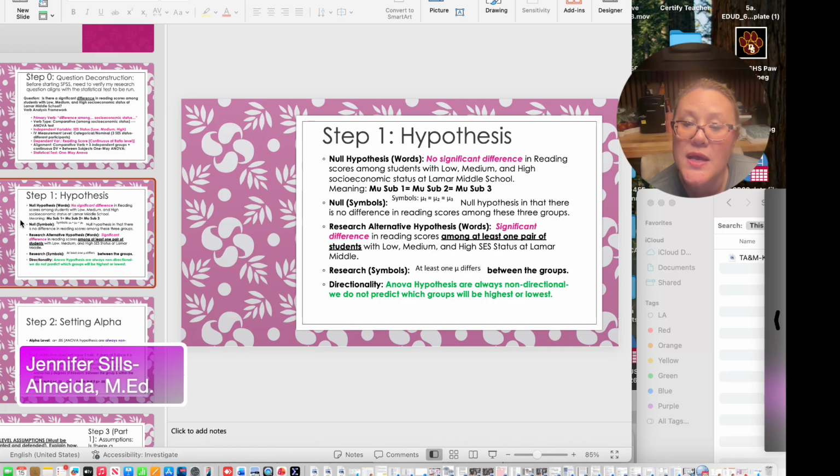So the null hypothesis is that there's no difference in reading scores at all among these 3 groups.